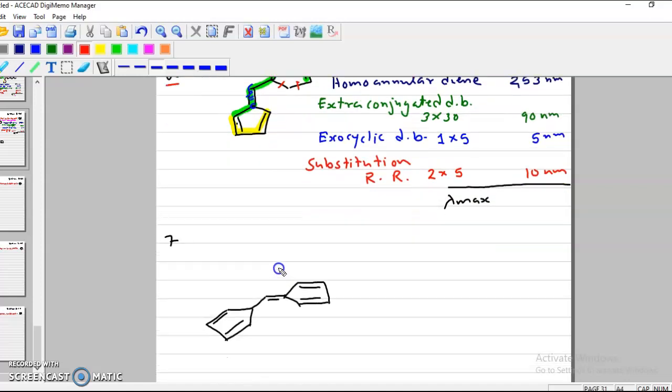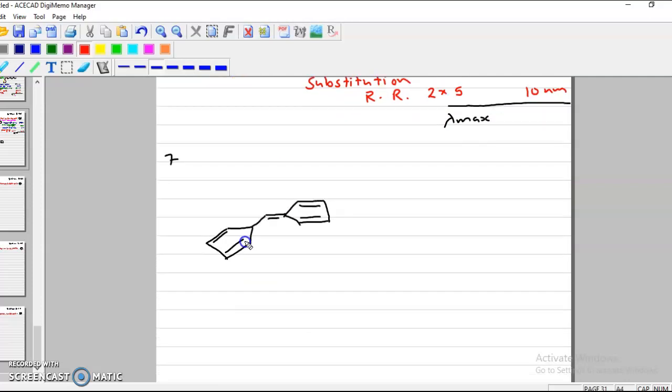Now the second example, similar to this one, is this one. But here we'll have to consider the system. Which one is a system? Let us take this one, 1, 2. Here both double bonds are again in one ring only, so we can call it a homoannular diene system.